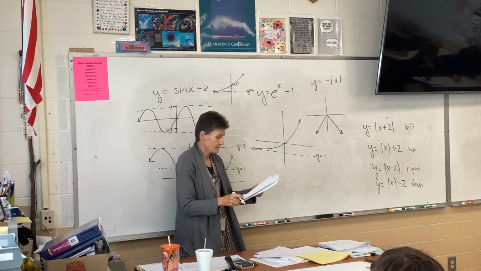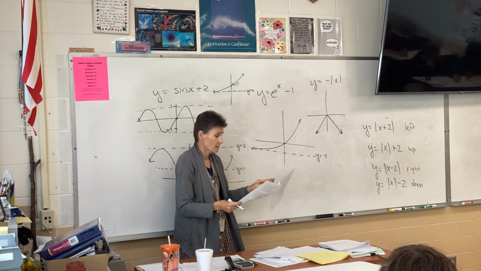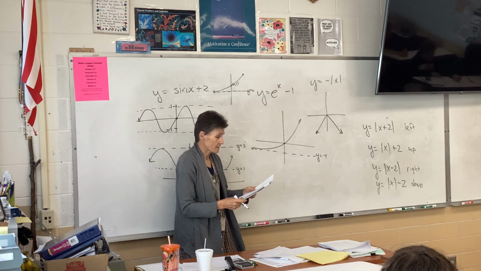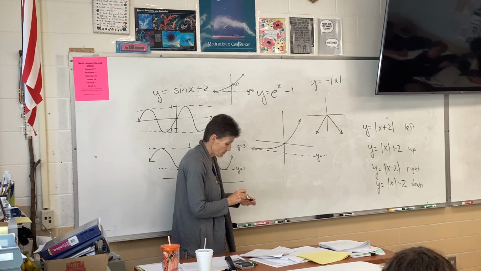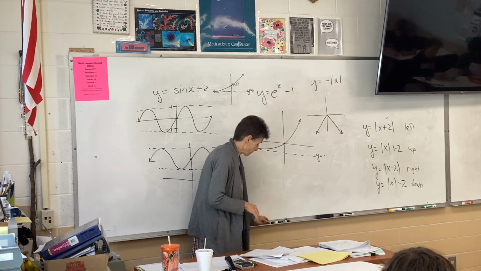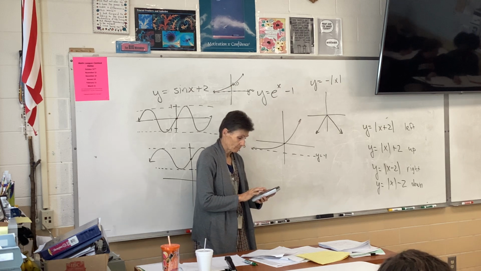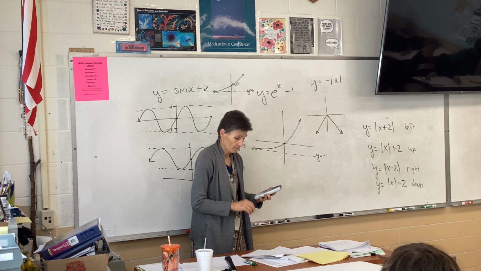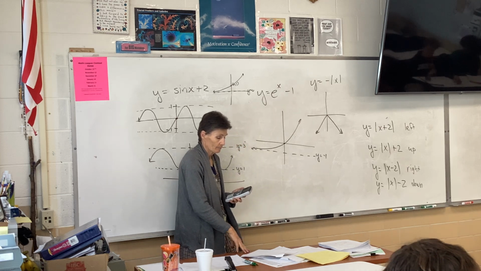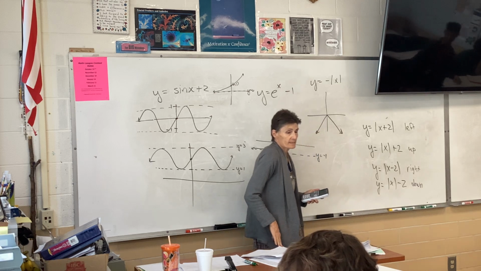All right, we're going to skip this next part. We've talked about those terms, so we're going to skip that and go on to number 3. So get your calculators out. Let's do Zoom 6.